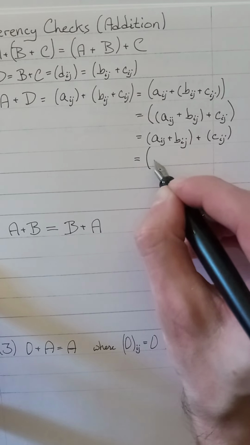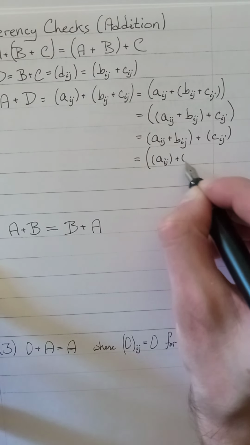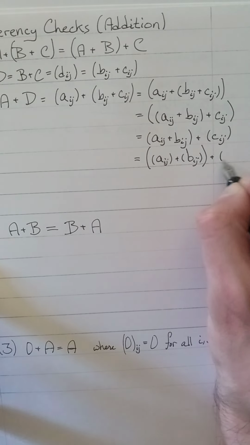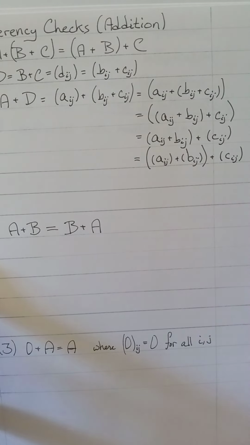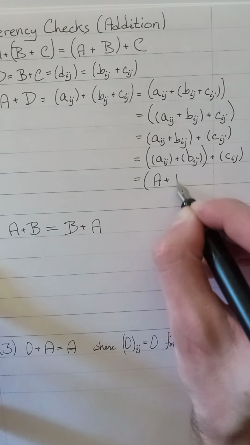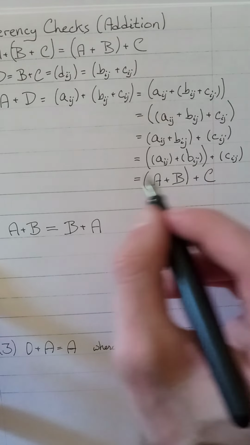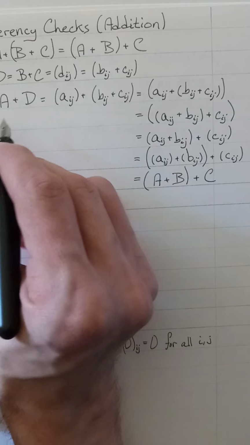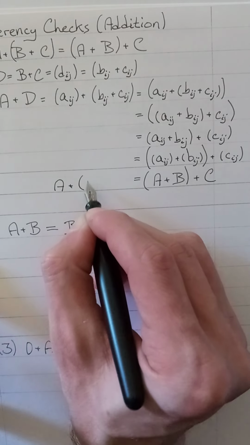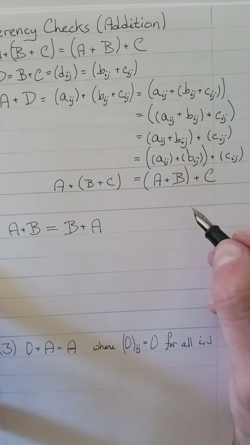And unrolling it again, this is just a_ij plus b_ij, plus c_ij. And we recognize these are the components for (A plus B) in parentheses plus the matrix C. So we have then established associativity of matrix addition.